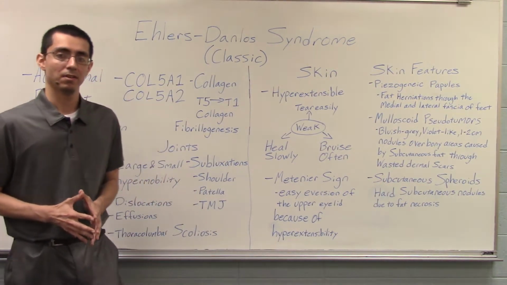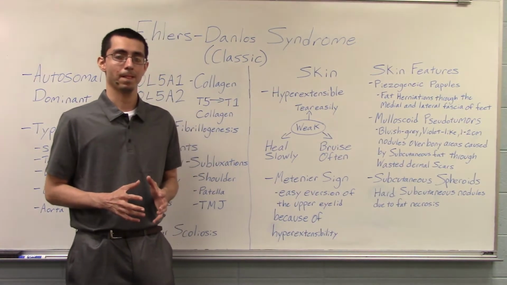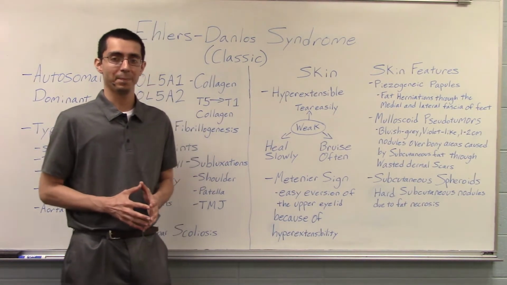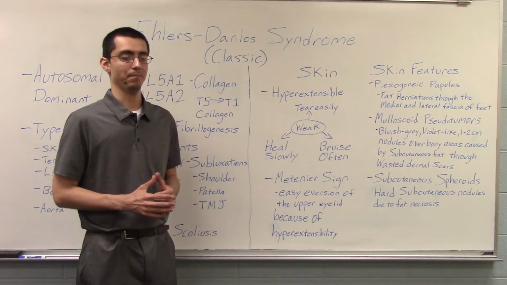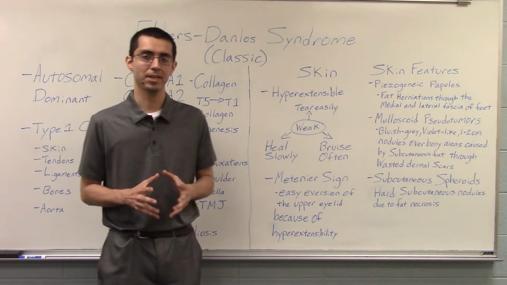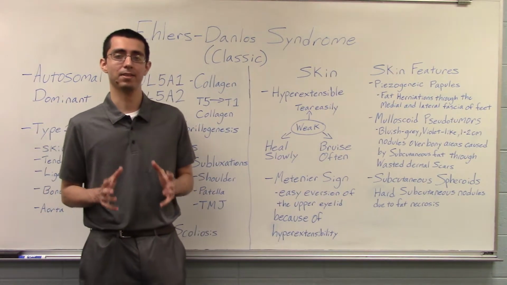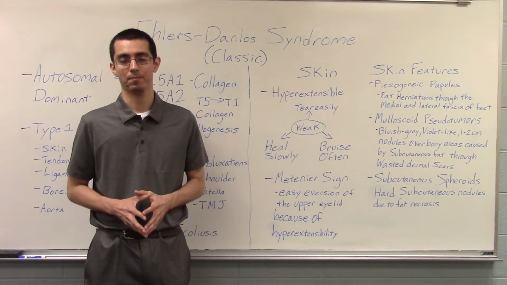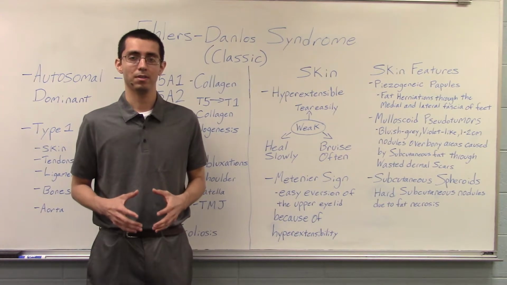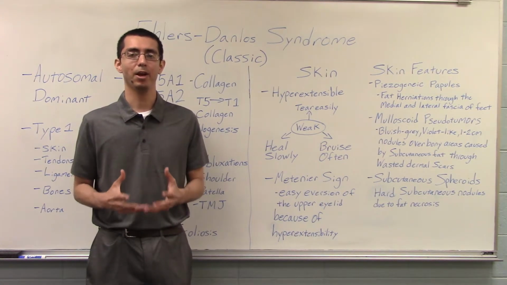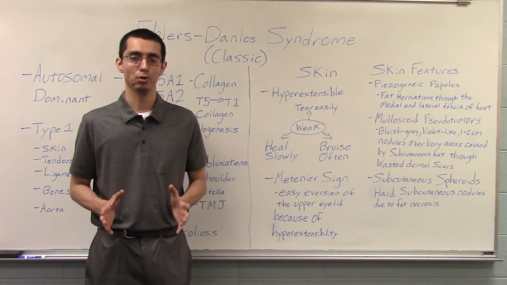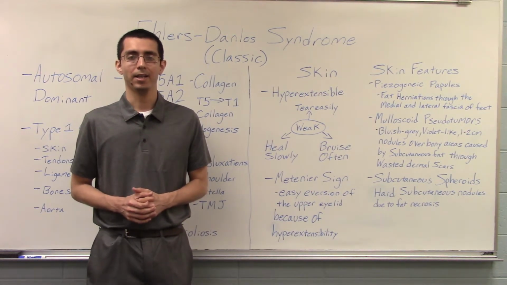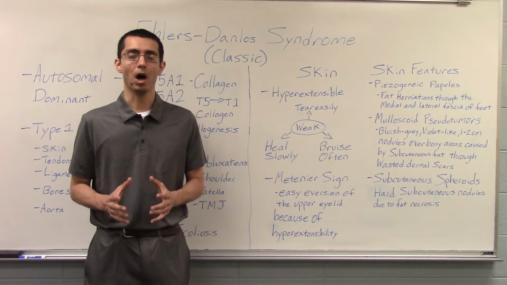Another site in the human body that is affected in classic EDS is the skin. The skin will become hyperextensible and weak. Therefore, the skin will tend to tear easily with any type of trauma, heal slowly, and bruise often.